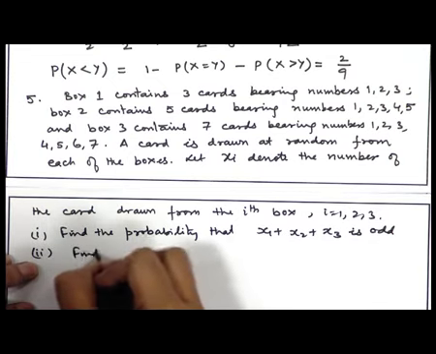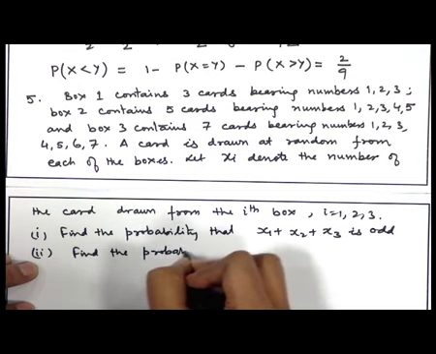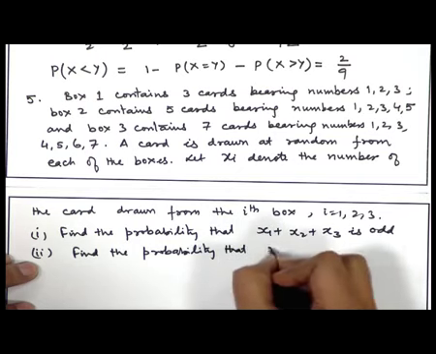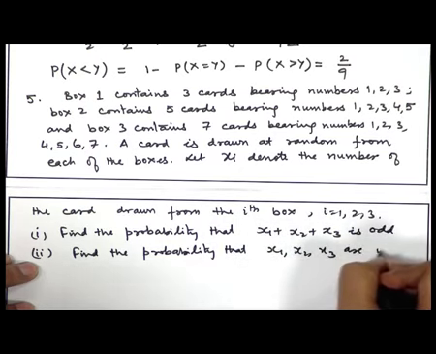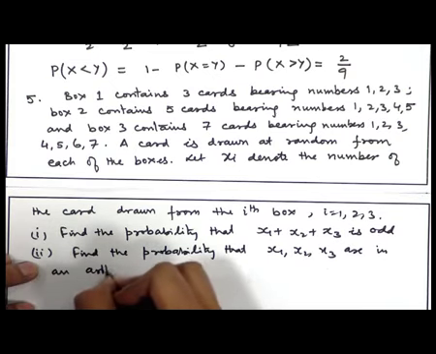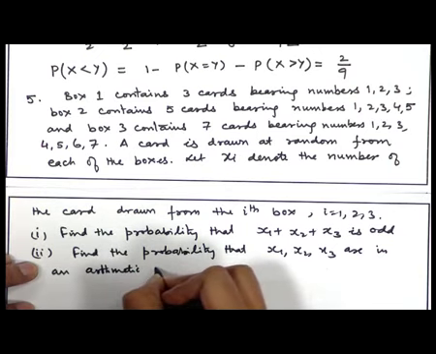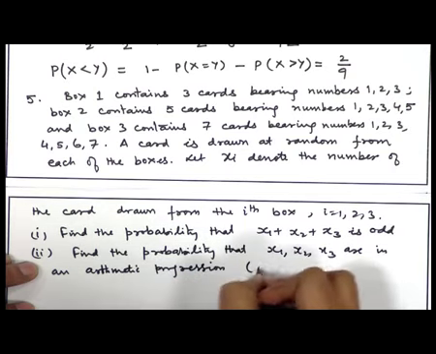Find the probability that x1, x2, x3 are in an arithmetic progression, for which we use the term AP.